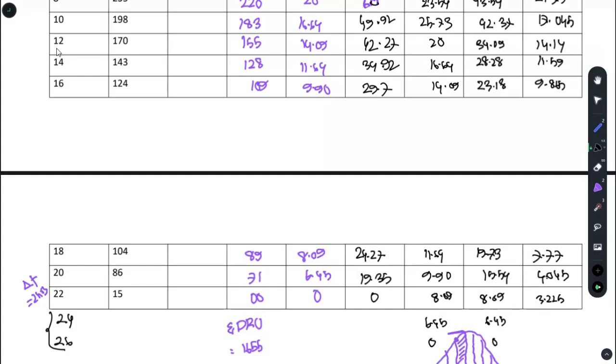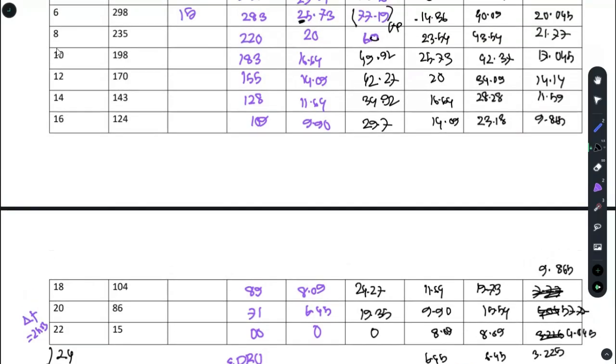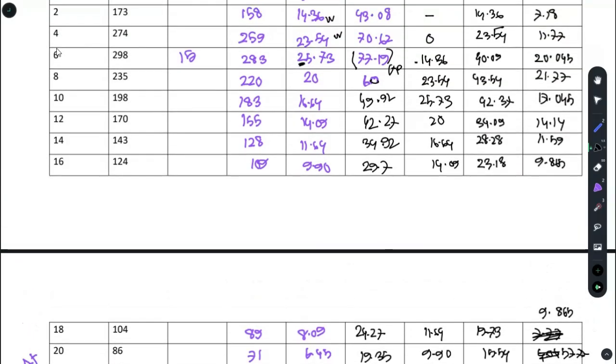So I have made some mistake. It would be like 3.225, not this, and it would be 4.045, and it would actually be 7.77, and it would be 9.865. So I just divide it. I don't know how I made this mistake.